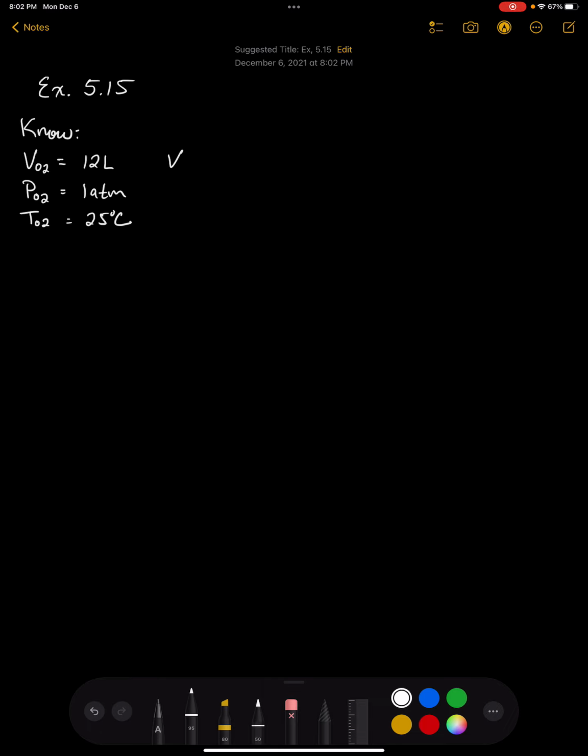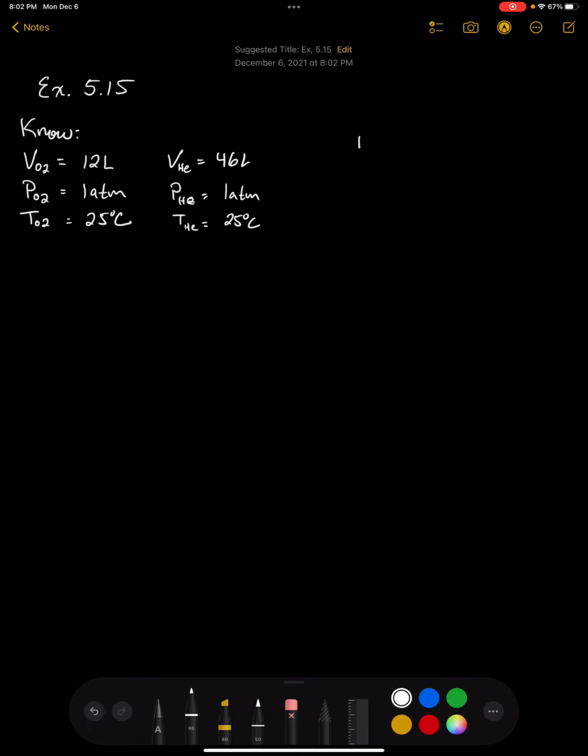Likewise, we know that there's a volume of helium, 46 liters, and this is being pumped into the scuba tank from a source that's at a pressure also of 1 atmosphere and a temperature of 25 degrees Celsius. Okay?